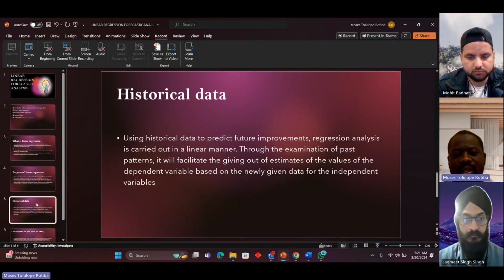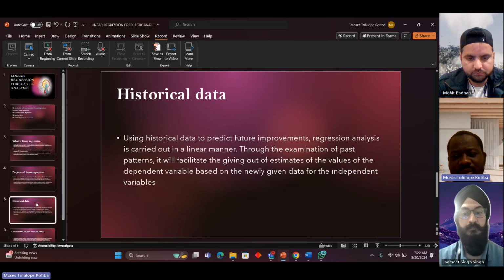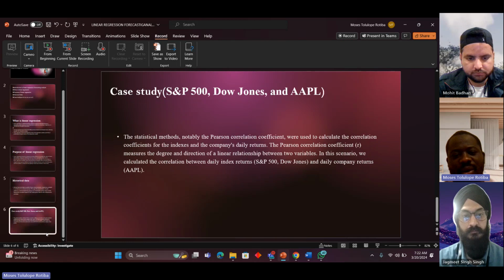Historical data is used to predict future improvements, with regression analysis carried out in a linear manner through examination of past patterns, facilitating estimates of the values of the dependent variable based on newly given independent variables. With this, my teammates are going to be giving a case study, the statistical method, and correlation coefficients used to indicate companies' daily returns.